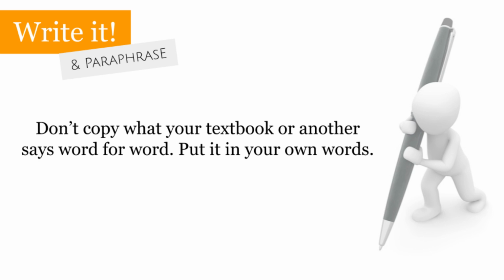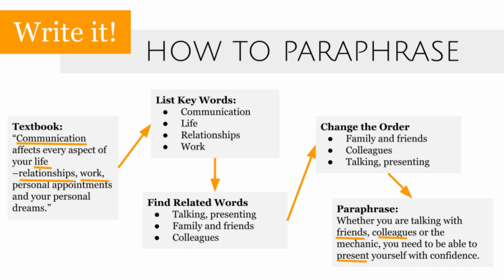We call that paraphrasing. So if the textbook says communication affects every aspect of your life, relationships, work, personal appointments, and your personal dreams, you don't want to just copy that over. You don't want to do something very similar to that. So you wouldn't say communication affects every aspect of your life, or communication influences every feature of your life. That's just replacing different words.